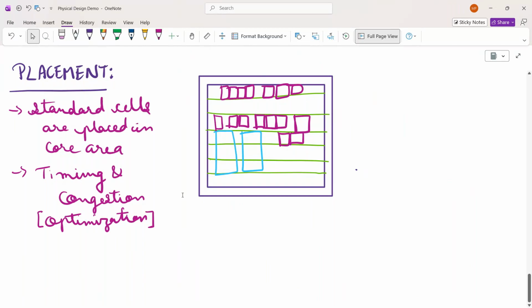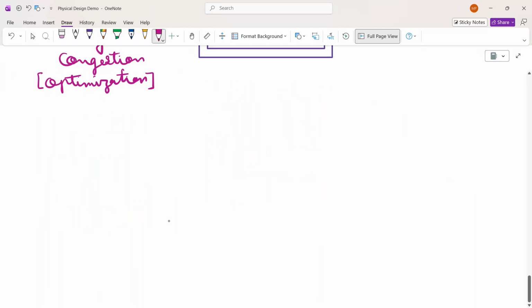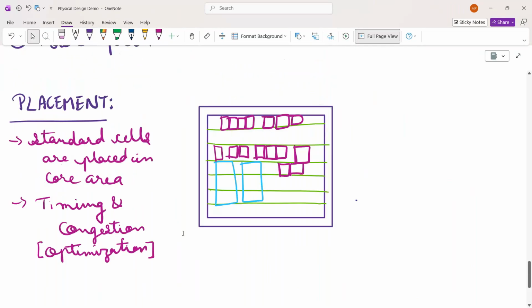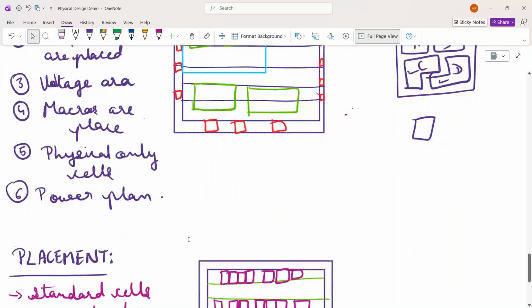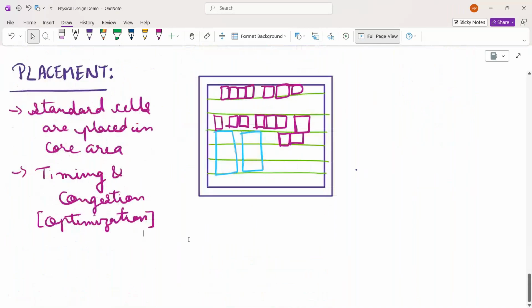After the placement, everything is now placed. Now cells are placed, and the power plan is also done. So wherever the standard cells are placed, they are already provided with power. So in floor plan, the power plan is also done, and placement is also done.